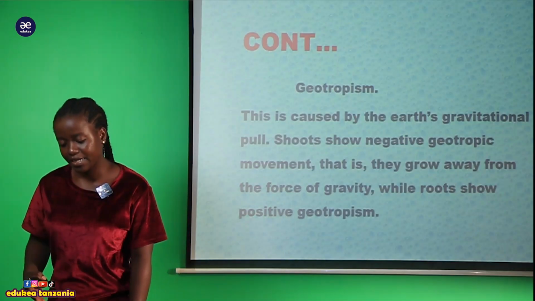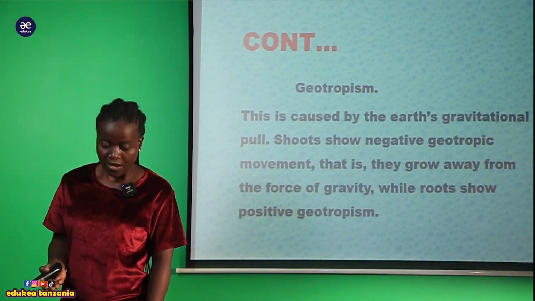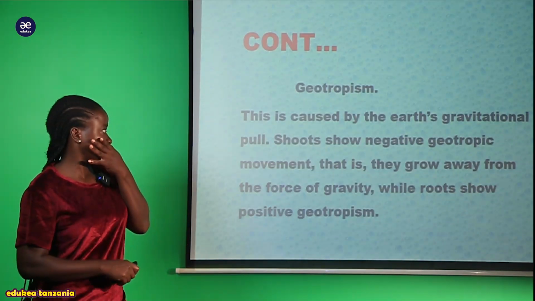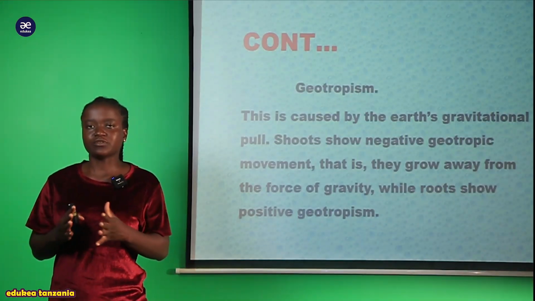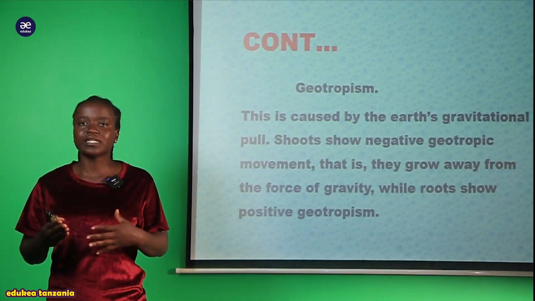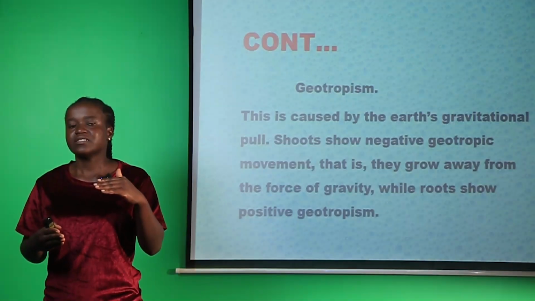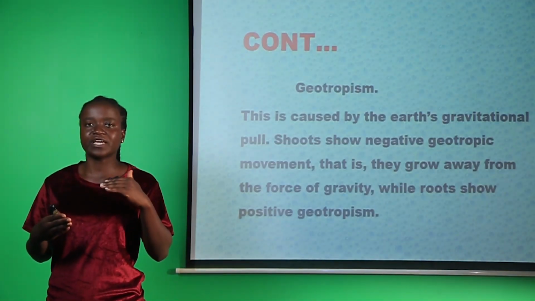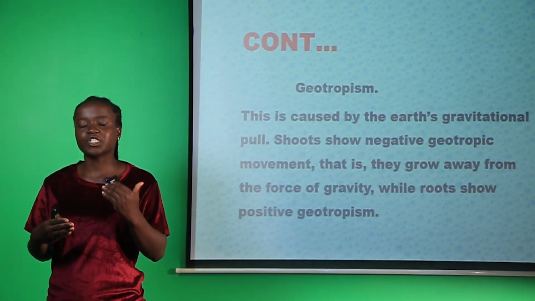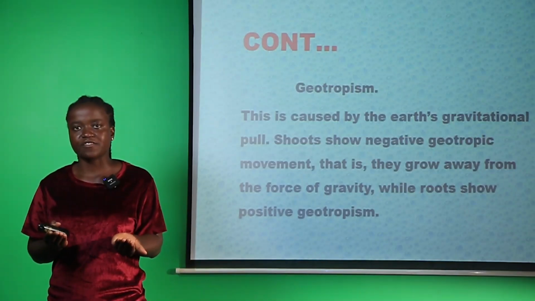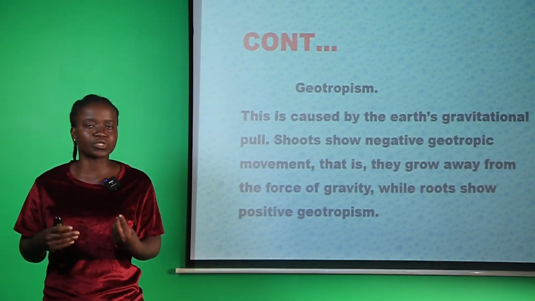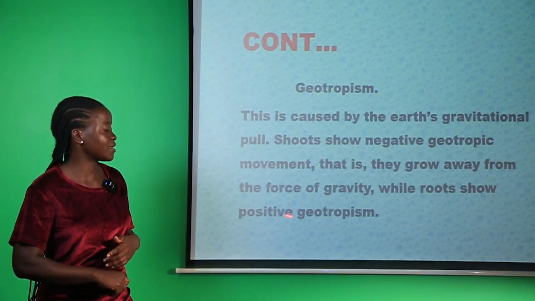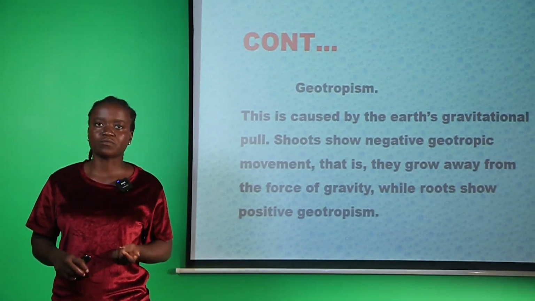Hii nayo inafanya kazi vice versa. For example, here we have a shoot, lile tunasema shina la mti linakuwa lina grow in the opposite direction, or lina grow away from the gravitational pull of the earth. But when we look at the roots, they tend to show positive geotropism. Why?